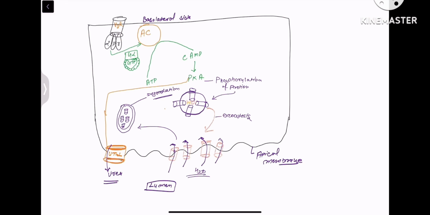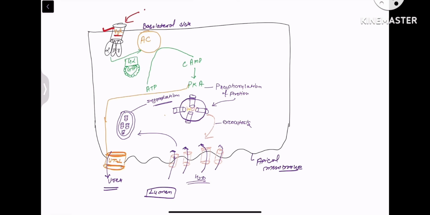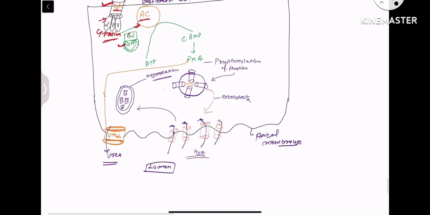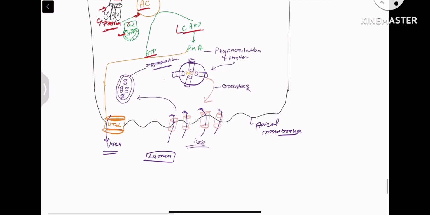So this is the V2 receptor. Here the vasopressin comes and acts on it. This is the G protein. It activates, releasing the alpha subunit, which attaches to the adenylyl cyclase enzyme. After that, it converts ATP to cyclic AMP.